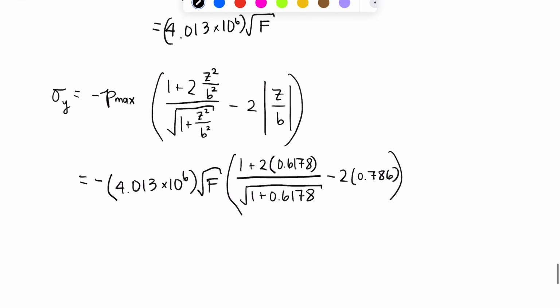Okay, so again, I can simplify this to get sigma y just in terms of F, and it ends up being negative 745,041 times the square root of F.